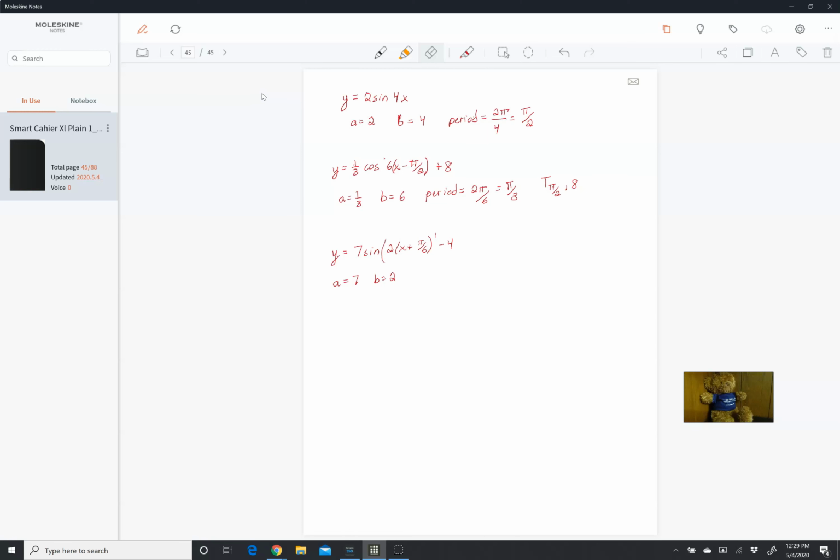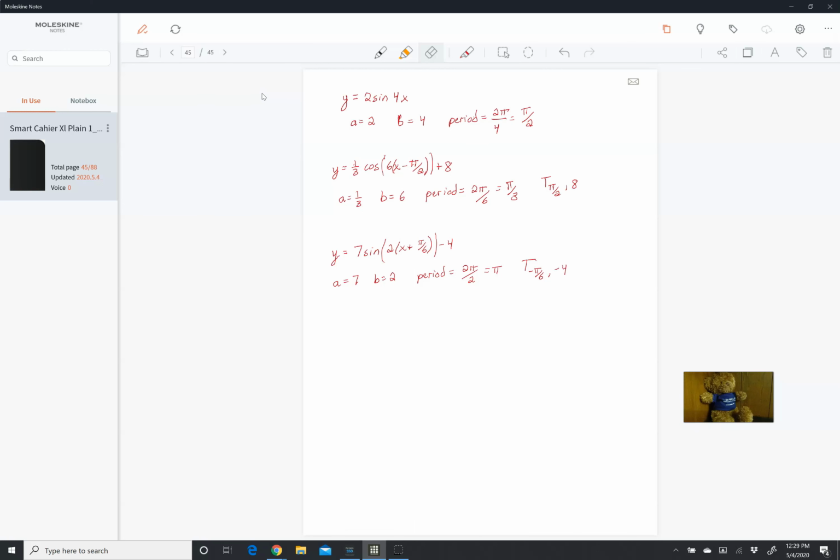I'll put parentheses around these as well because I did that originally. The period is 2 pi over 2, or pi. And the translation, well, you're going pi over 6 to the left and 4 down.